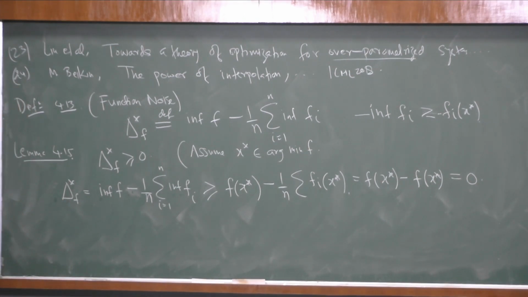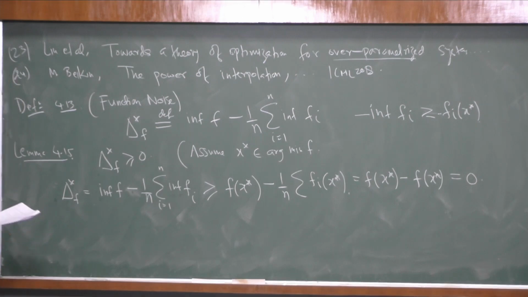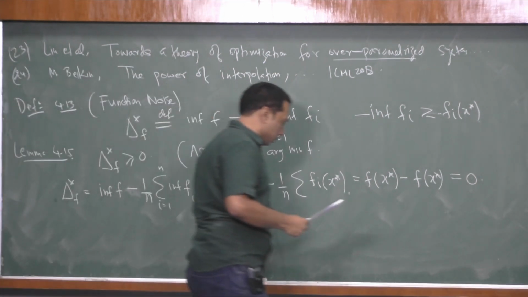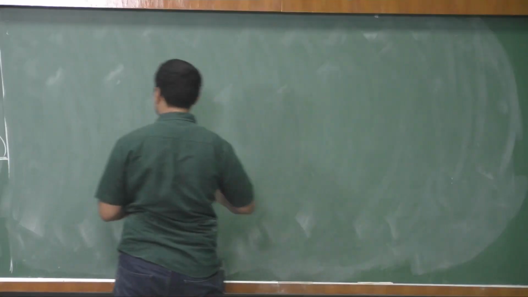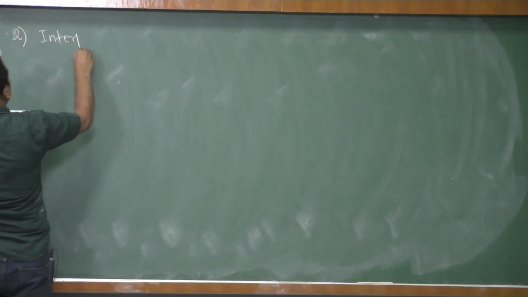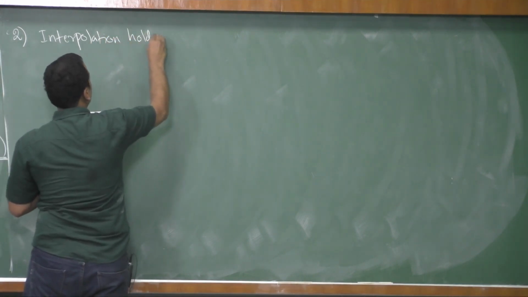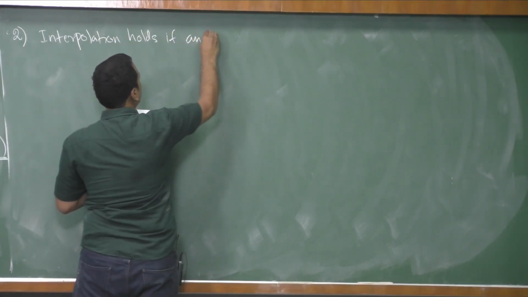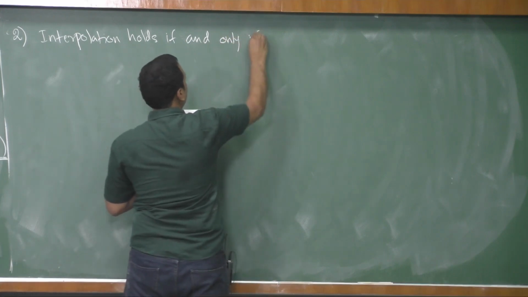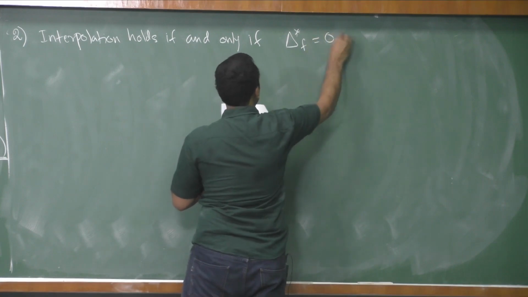And the other result says that interpolation holds if and only if delta star f is equal to 0. Okay, so that's the second part. So the second one is interpolation holds if and only if delta star f is equal to 0.